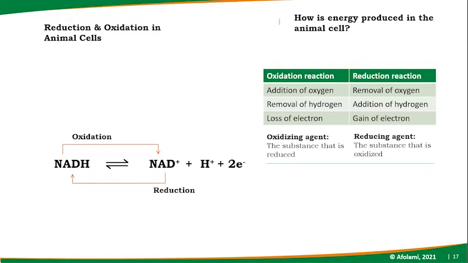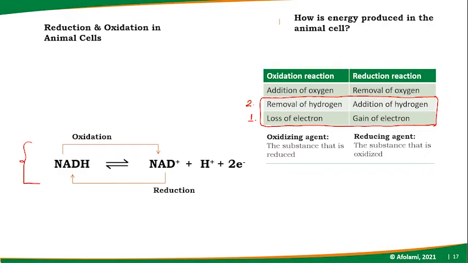So it is important that we consider at least oxidation and reduction under these two headings. So in this case, we will consider oxidation as removal of hydrogen or loss of electron. Okay, it may be easy to first look at how the electrons are moving all over the place before we look at the removal of hydrogen.